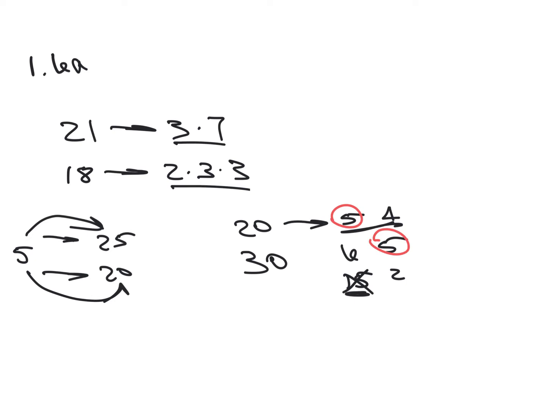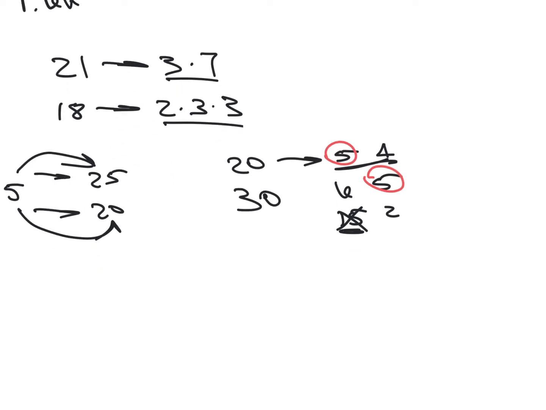So let's look at the very first example they give, bottom of page 68. They give us 25x to the 5th plus 20x to the 4th minus 30x cubed.